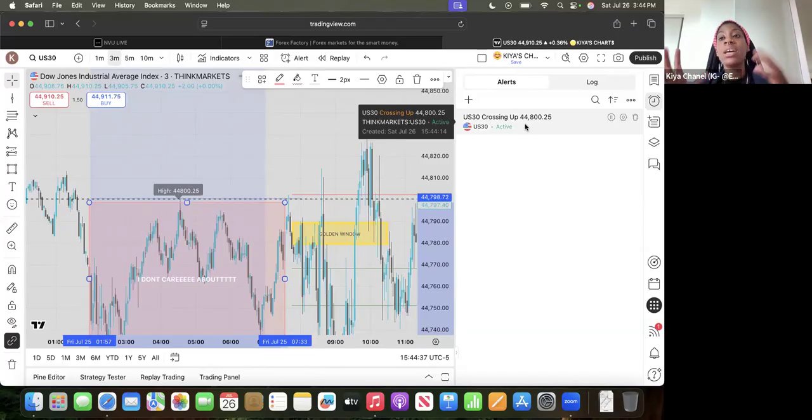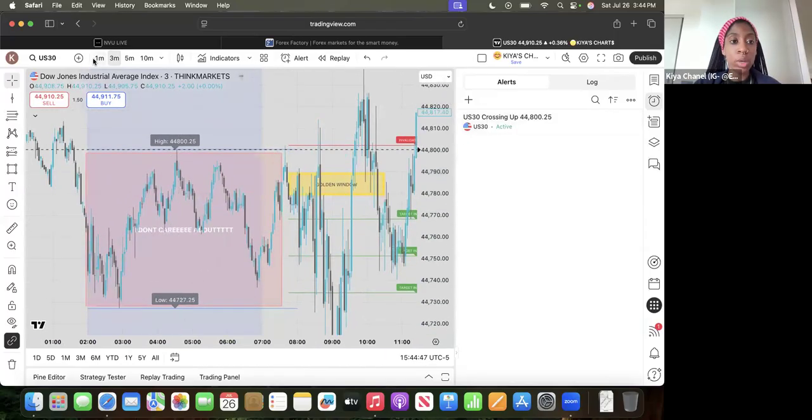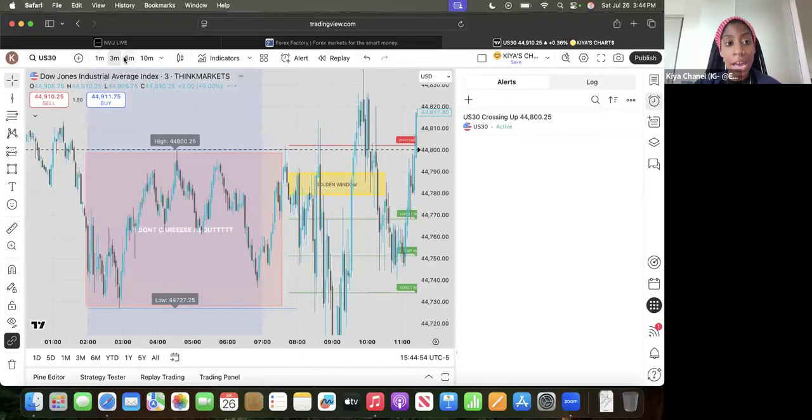That means that the scanner is potentially about to call out a trade idea. That's when you want to start navigating between the 1 minute, the 3 minute, the 5 minute, to see which chart is going to bring up that first setup.